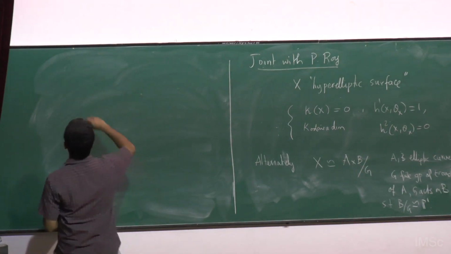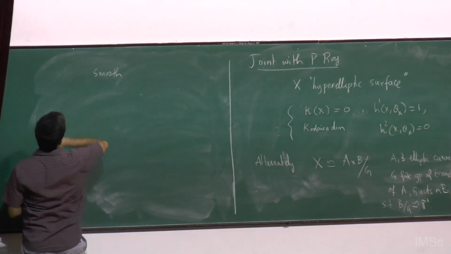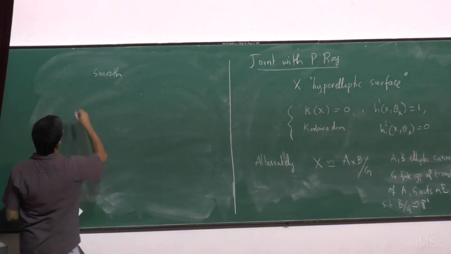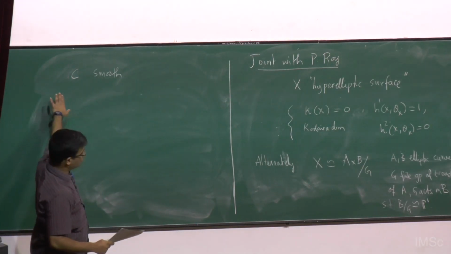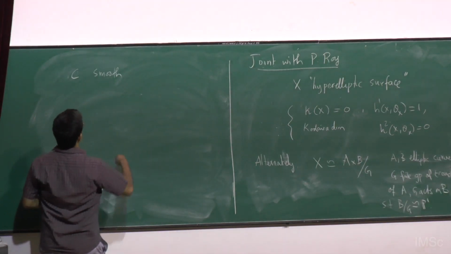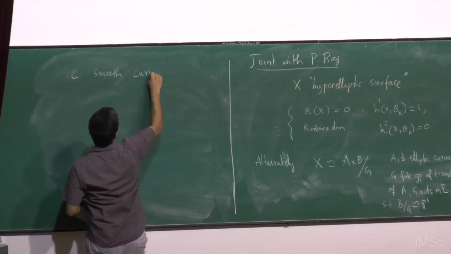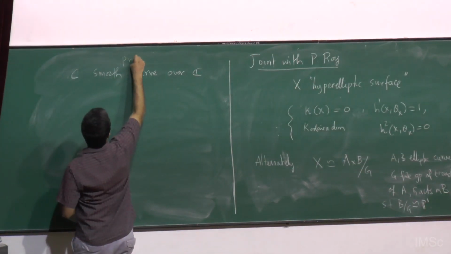So in this work, in the paper we call it X, but to be consistent with what I'm doing here, let me call this curve C, but of course that messes up my notation for curves. Projective curve.